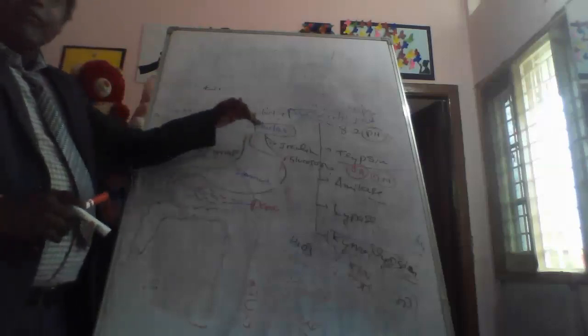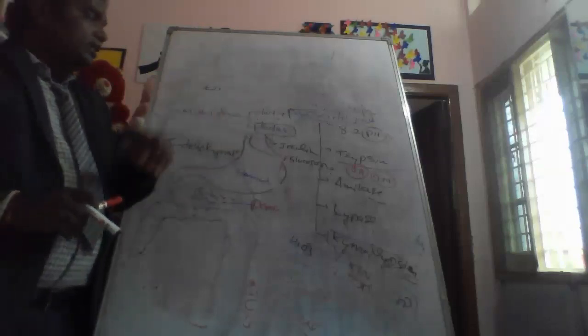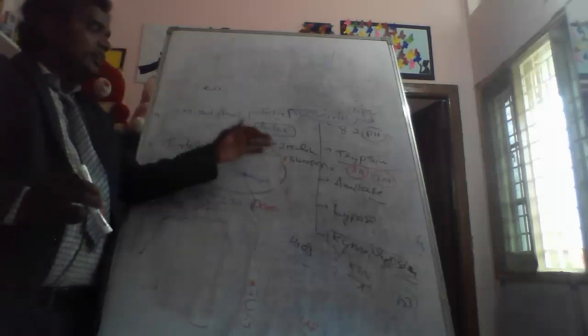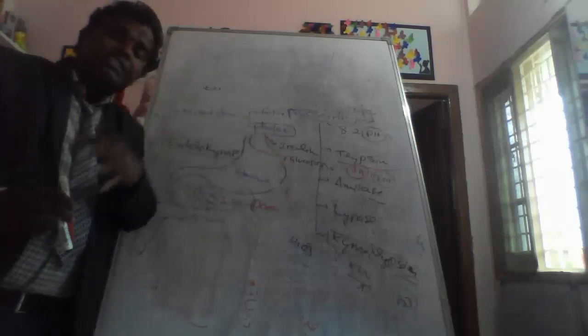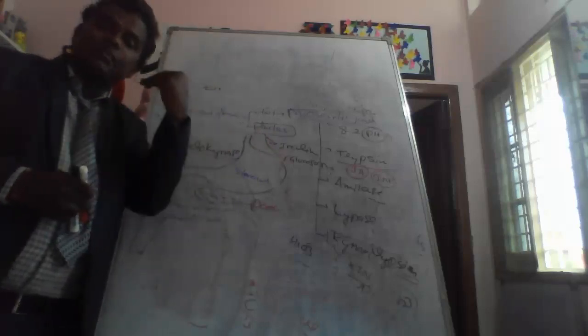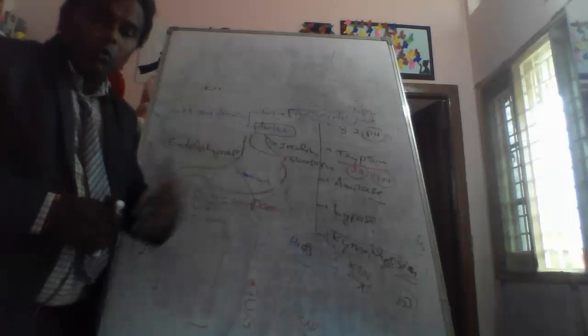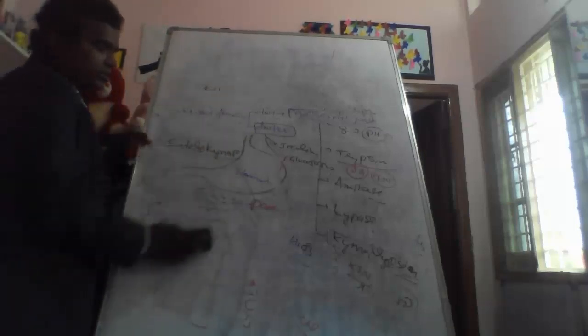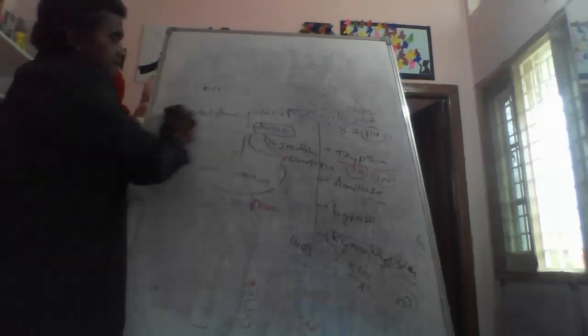And one more thing, the ductless gland secretes insulin and glucagon. We will discuss this insulin and glucagon in the endocrine glands topic. Now the last one, that is intestinal glands.